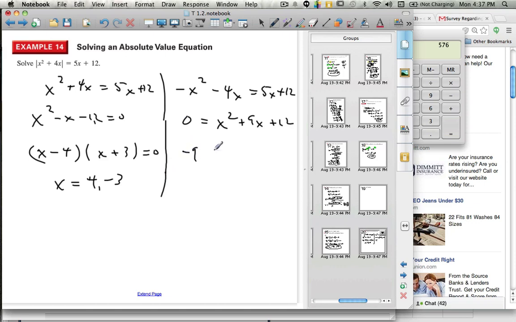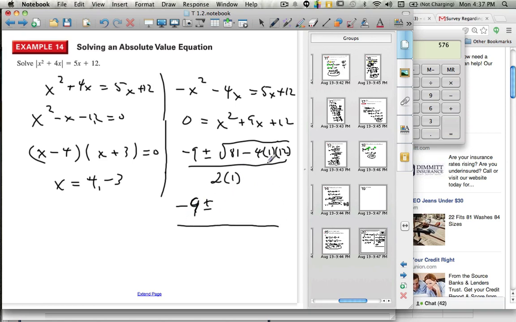So I'd have the opposite of 9 plus or minus the square root of 9 squared, which is 81, minus 4 times a times c, all over 2 times a. Negative 9 plus or minus 81 minus 48.